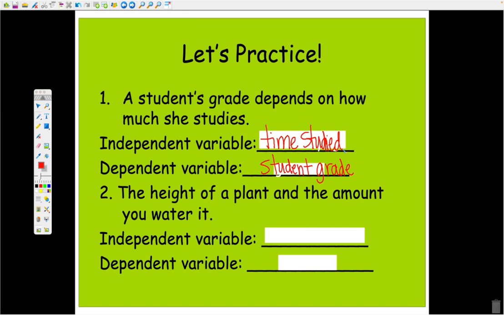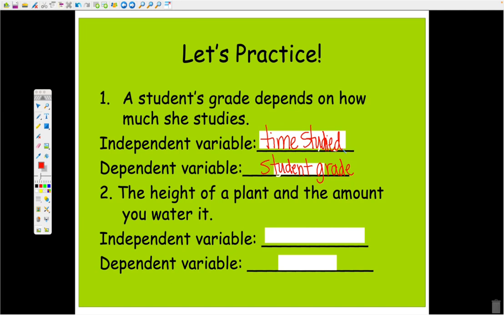Okay. All right. Height of a plant in the water. Does the height of the plant depend on the water, or does the water depend on the height of the plant? It does, because if you starve your plant, the height's going to be affected.